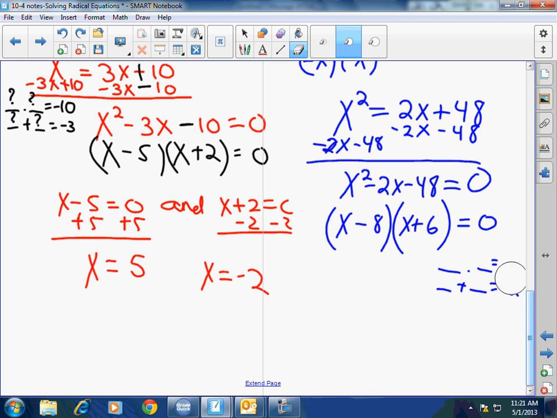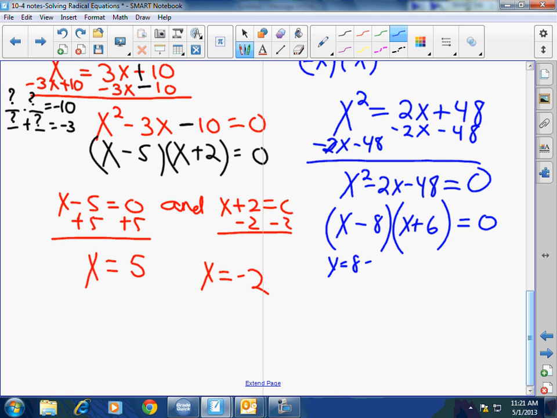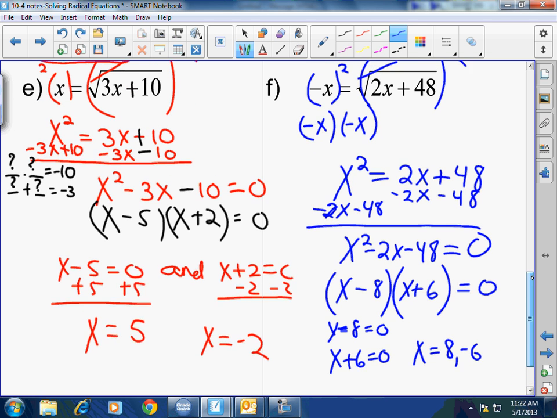Now, we have to do the zero product property. So we must set x minus 8 equal to 0 and x plus 6 equal to 0. So x will equal 8 and negative 6. Is everyone with me?